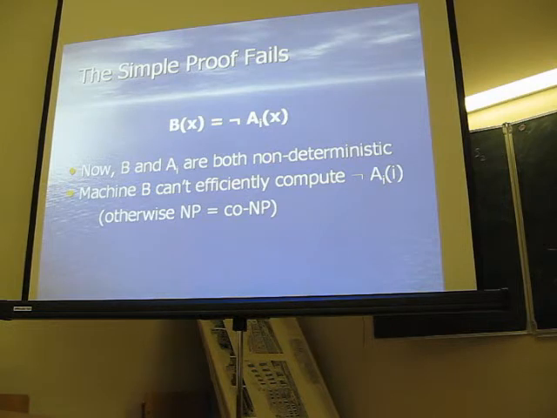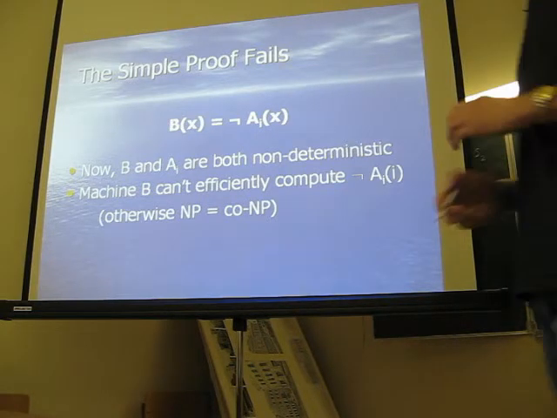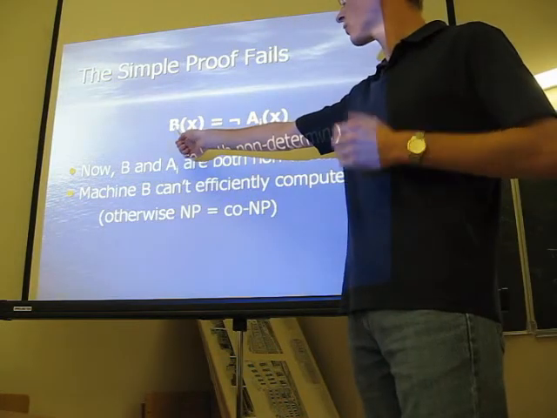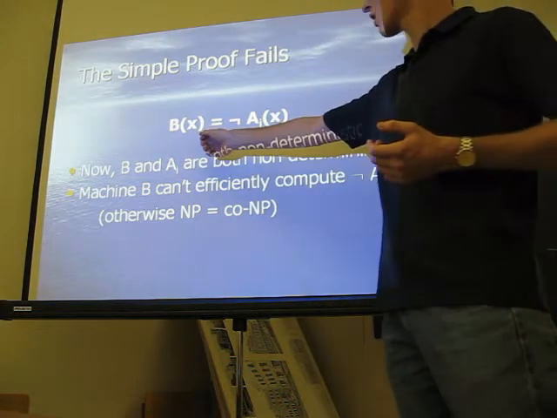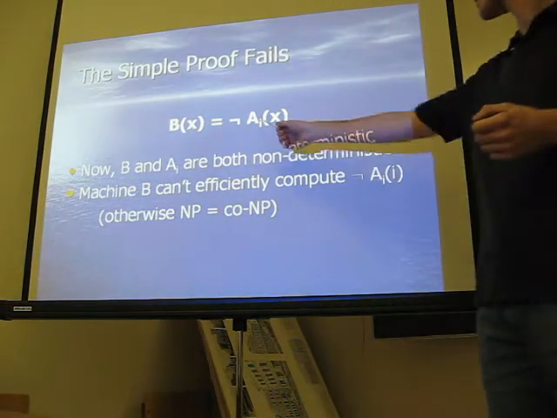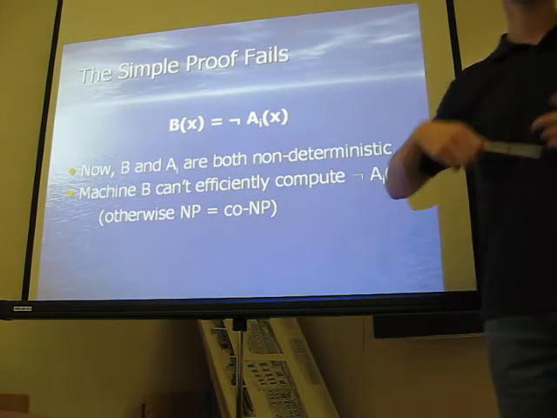The first idea is certainly to try to use the standard method, the diagonalization that we used for deterministic algorithms. So let us see, maybe it works. If you remember, we constructed machine B, and we defined it on input X in the way that it simulates A_i on the same input and outputs the opposite answer.